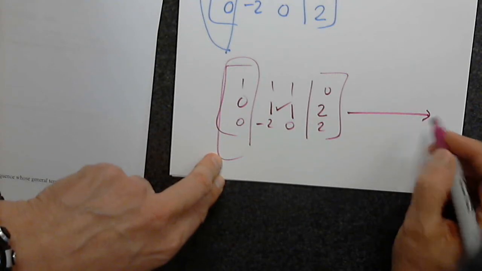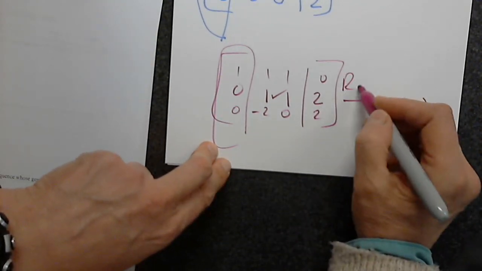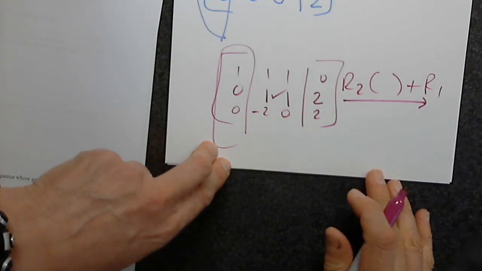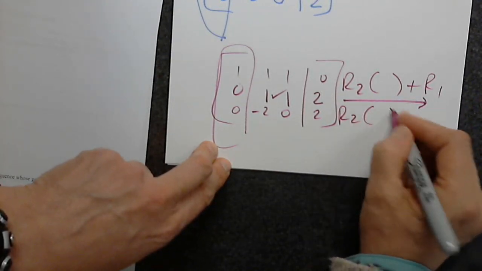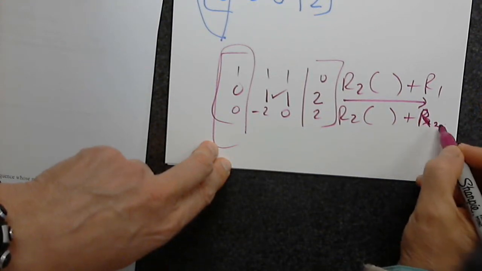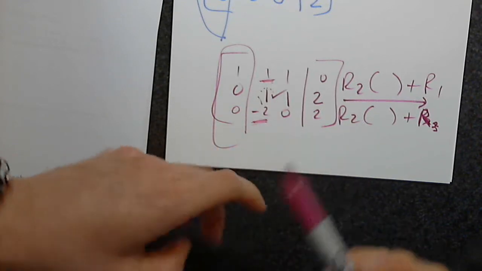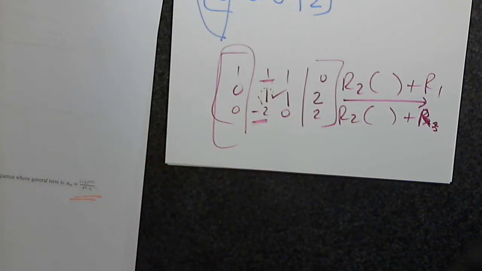I will use which row? Oh, of course, row 2 and add to row 1. Row 2 and add to row 3. Oops. Row 3. This is the key. So now I have to get rid of this and of this. So I have to use that middle row.